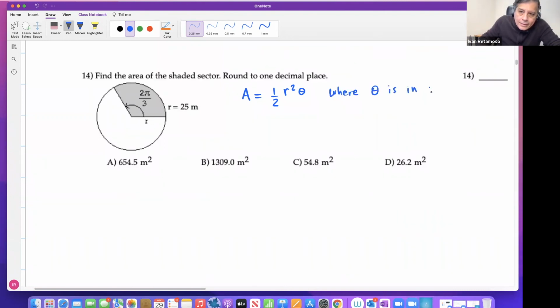If you have not memorized this formula, write it down and have it handy. We're going to need it. It's a very important formula.